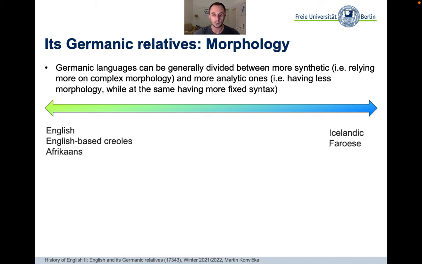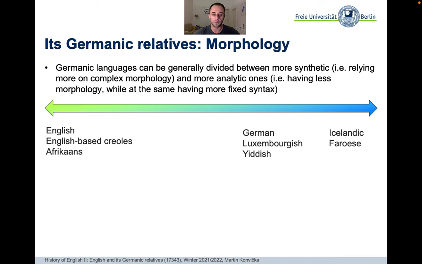Whereas on the other hand, we have languages such as Icelandic and Faroese, languages that rely on morphology to a very high degree. That in turn allows them to have their syntax more flexible, more free.